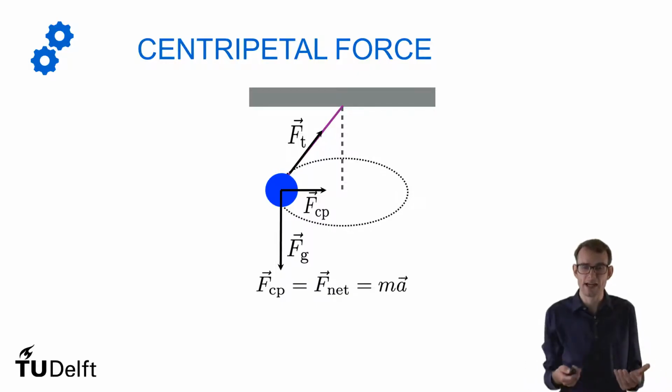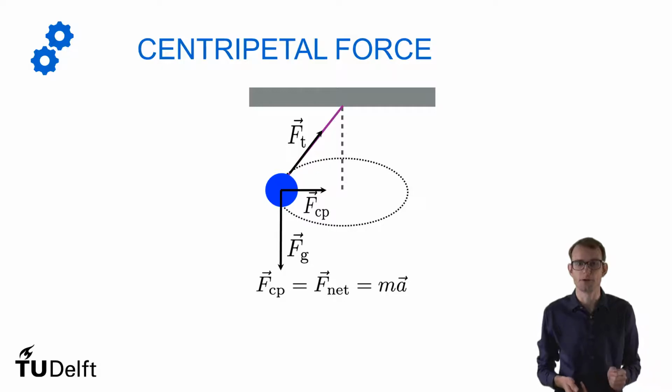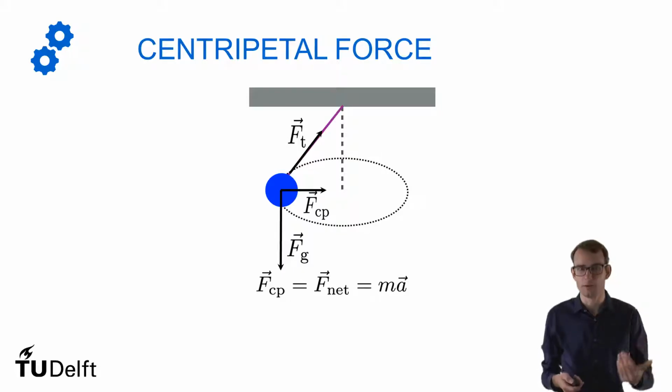And the action of this force, what it will do, if the block is moving at constant speed, but not constant velocity, the velocity will be along the circle, whereas the force is pointing towards the center. So then the acceleration is perpendicular to the velocity, and it will only change the direction of the velocity. So how does that work?